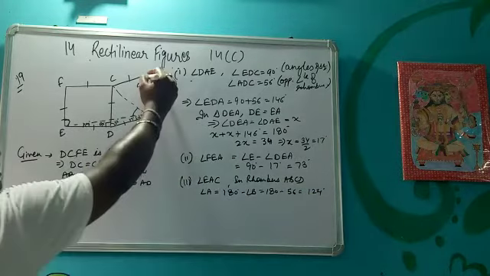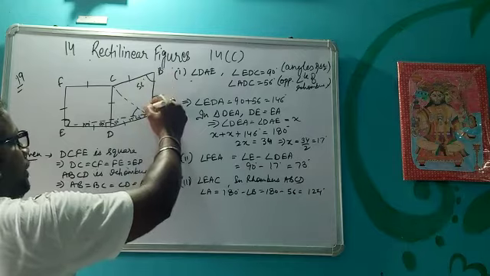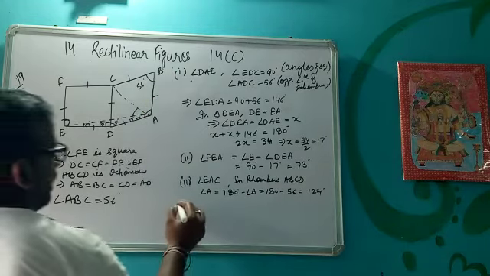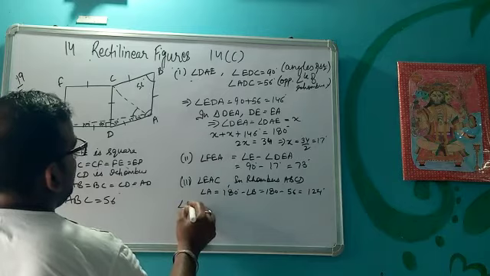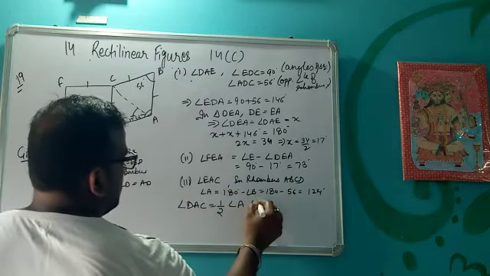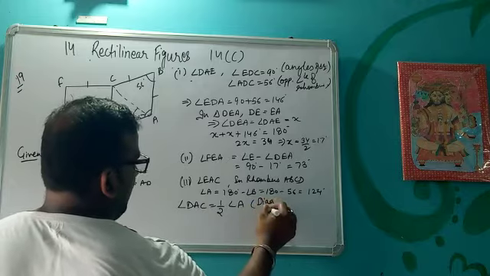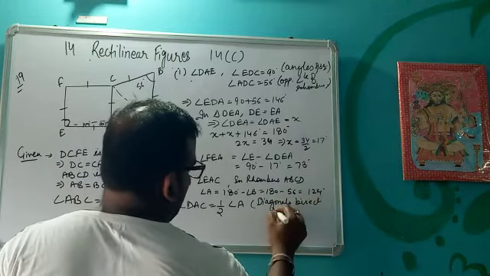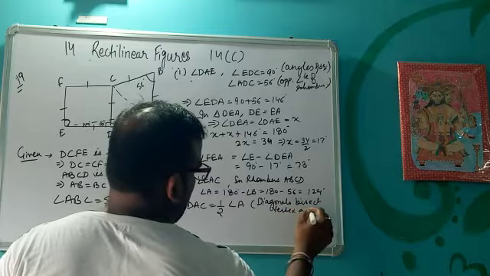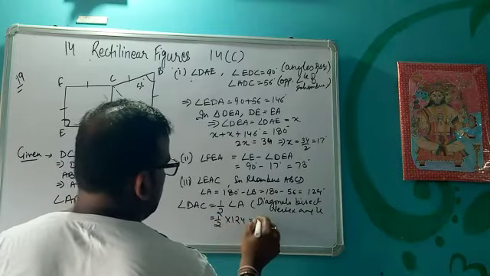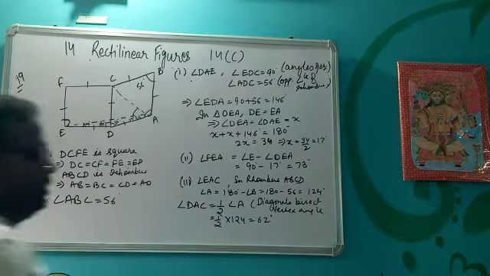Why? Because they both form a pair of co-interior angles. So we found this angle as 124 degrees. Now angle DAC will be half of angle A, because in a rhombus diagonals bisect the vertex angle. That is half of 124, 62 degrees.